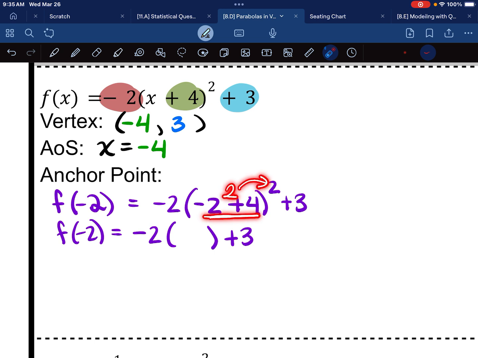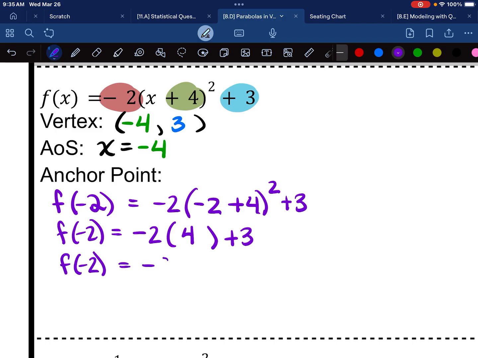And then if you square that, I get a 4 here. So I've dealt with the parentheses, I dealt with the exponent. So now in PEMDAS, the next step is to deal with multiplication. So negative 2 times 4 is negative 8, sorry. And then I add the 3 to that, and I get negative 5. So when I plugged negative 2 in, negative 5 was my output.